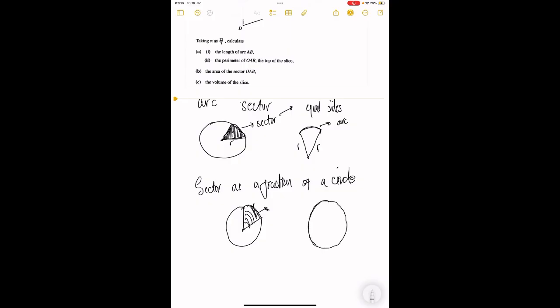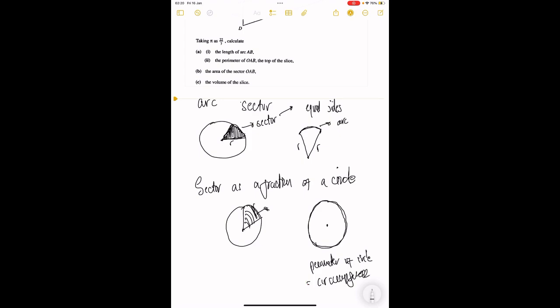If you have a full perimeter of a circle like this, the perimeter of a circle is also defined as the circumference of a circle.